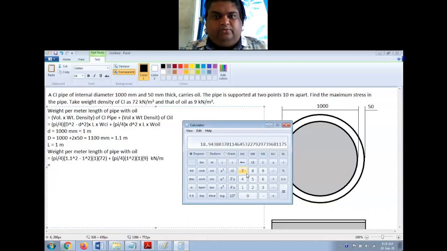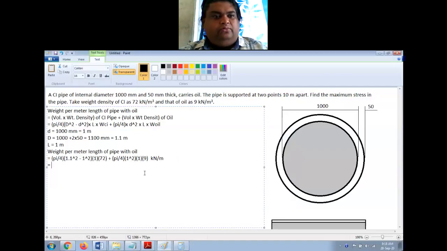So it is 18.944 kilonewton per meter. So I can consider this to be a uniformly distributed load on the beam, right?